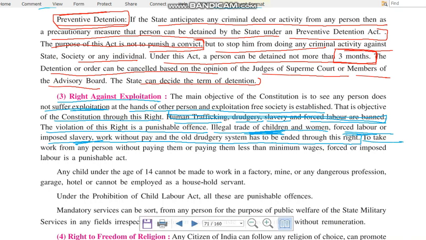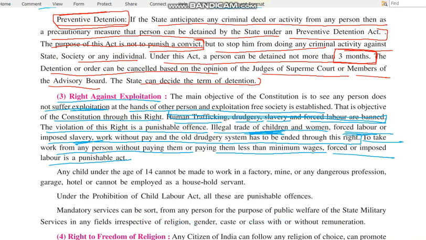To make any person work without paying them, or paying them less than the minimum wages, forced or imposed labor is a punishment. That's it. To force a person to work without money or to pay them less than the minimum wage.